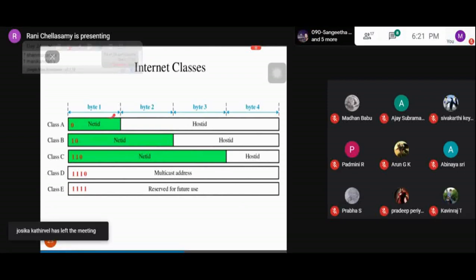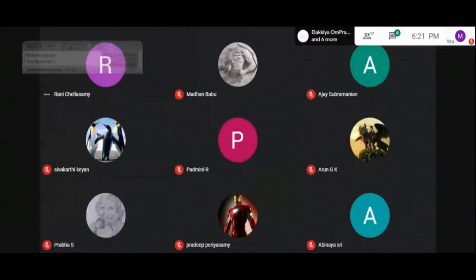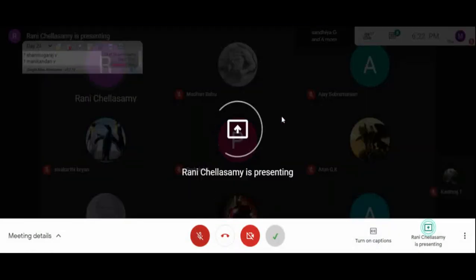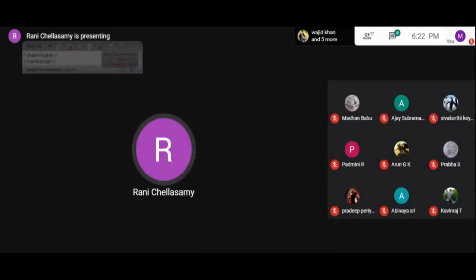For class B, 2 bytes are network portion, and bytes 3 and 4 represent the host portion. For class C, 3 bytes are network portion and the last byte is the host portion.